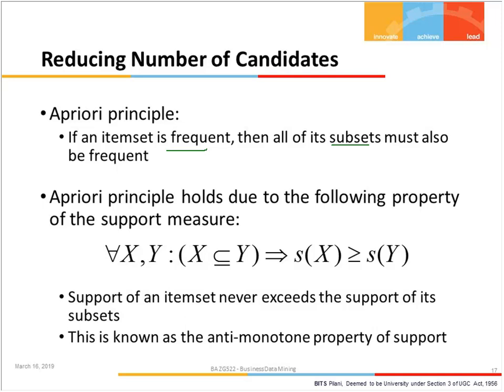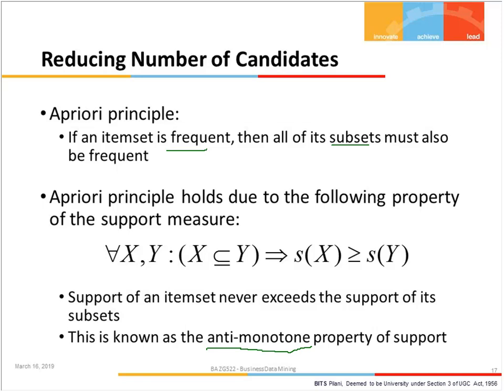Using that, we can significantly reduce the number of candidates for which we need to evaluate the support. This is referred to as the anti-monotone property. Let's take an arbitrary example: people seldom buy lettuce. Let's say it is an infrequently bought item in a grocery store.